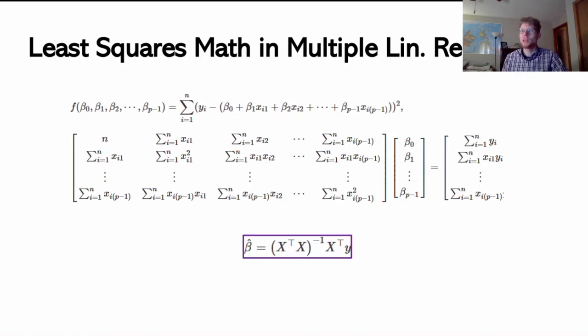So if I'm doing a least squares estimate for beta hat, I can represent it in matrix form, and I can find the vector of beta hats, the vector of best estimates for my betas, as represented with this expression right here. So the transpose of X times X, take the inverse of that, times X transpose times y.